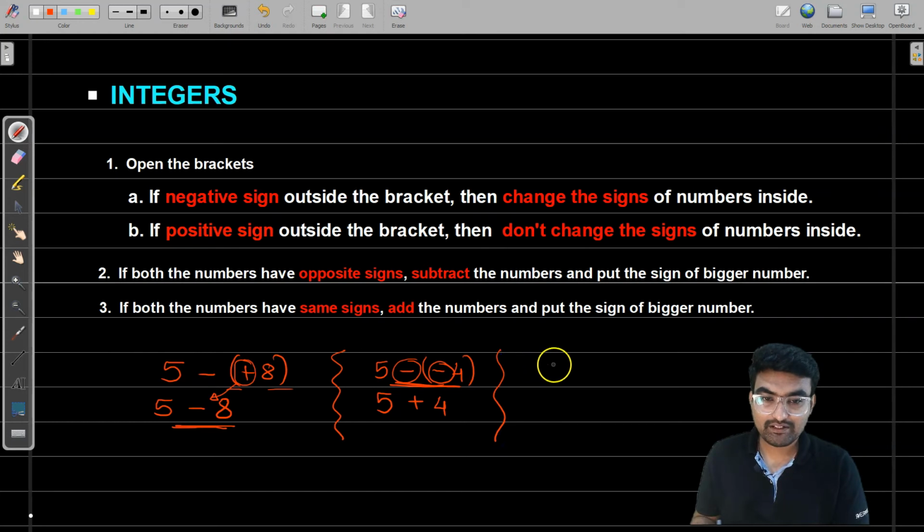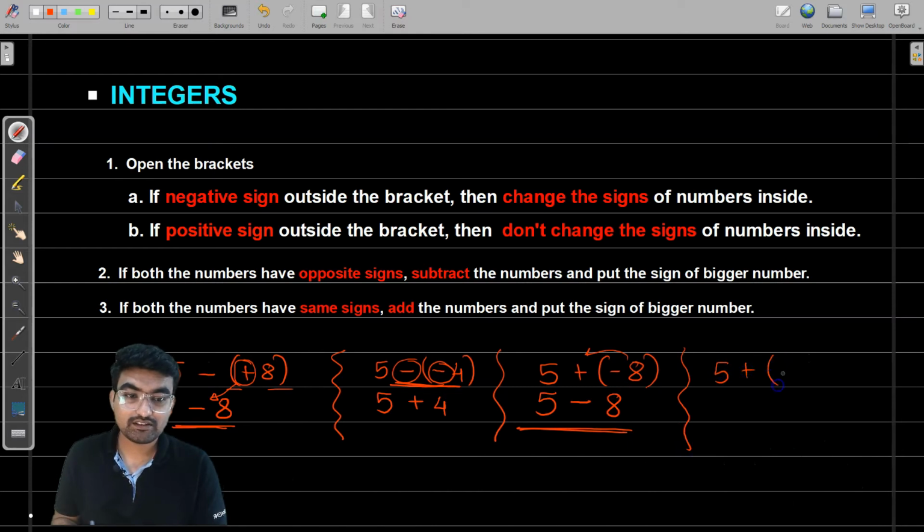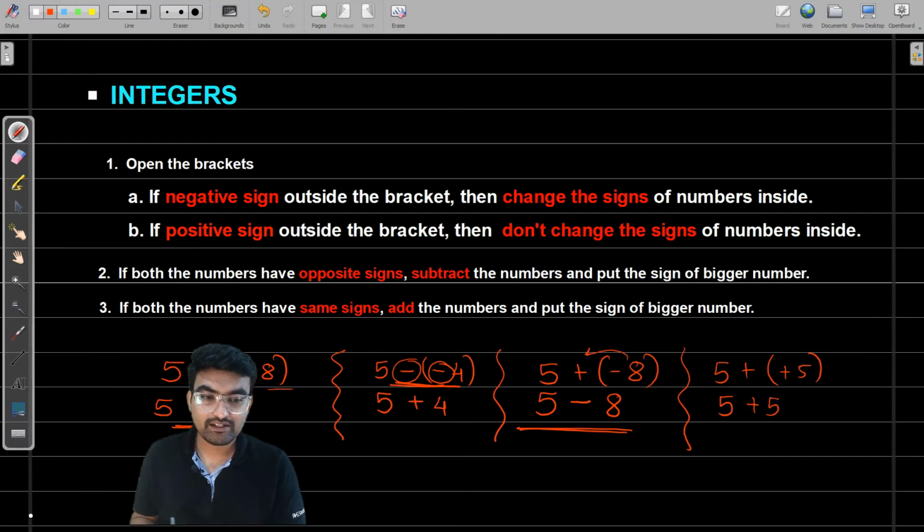See the example. If something is written as 5 plus minus 8, so what will you do? You don't change the signs, you just write as it is, correct? So minus 8 will be minus 8 directly. Okay, if it is 5 plus plus 5, then again you will write it as 5 plus 5, correct?